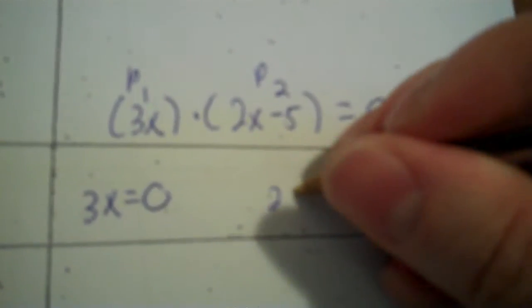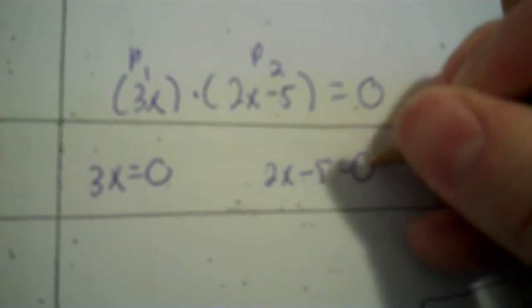And then we set each of our polynomial factors equal to 0. So 3x could equal 0, or 2x minus 5 could equal 0. Here I have times 3, I just need to divide by 3. 0 divided by 3 is 0.